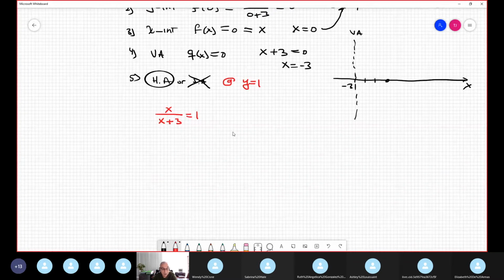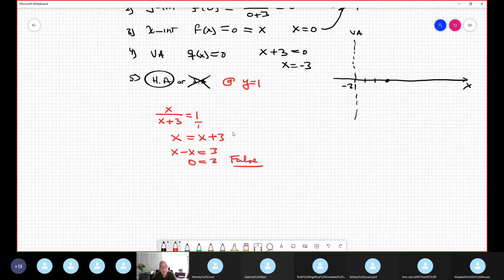I solve this equation by cross multiplication: x times 1 is x plus 3. x minus x equals 3, so 0 equals 3. It's a perfect contradiction, totally false. That means our curve never crosses the horizontal asymptote.